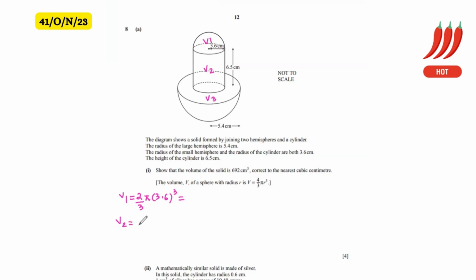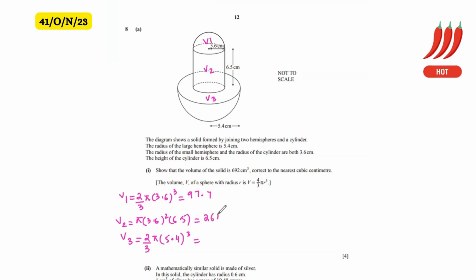V2 would be pi r 3.6 square times h 6.5, and V3 is 2 over 3 pi times 5.4 cubed. So let's find the values for all these volumes. This is 97.7.